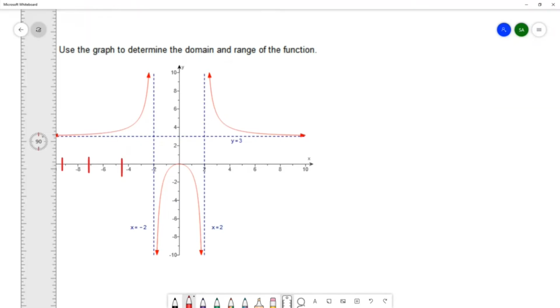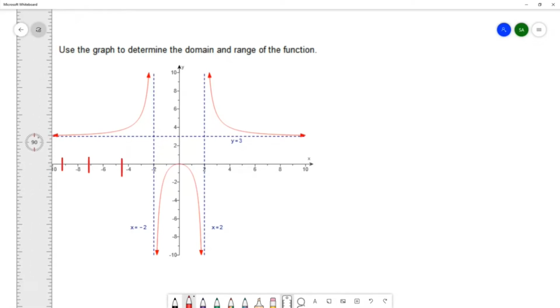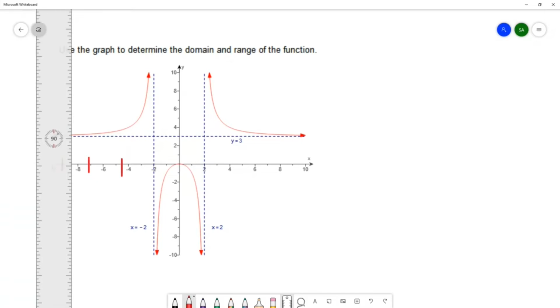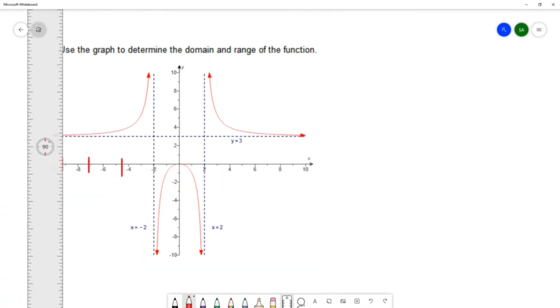You might want to use a pencil vertically. I'm going to go from left to right, because I'm going to use interval notation, and interval notation always goes smallest to largest, left to right.